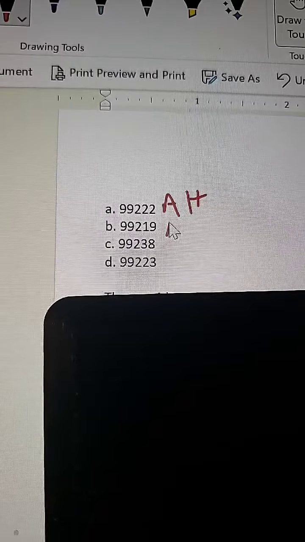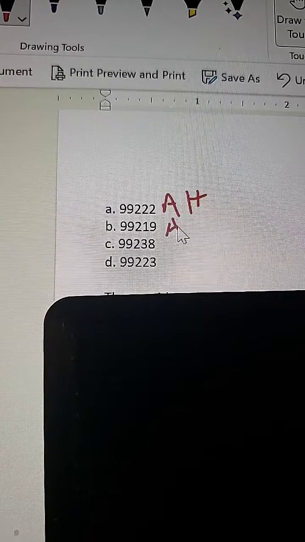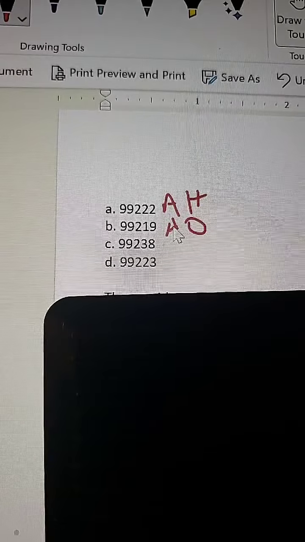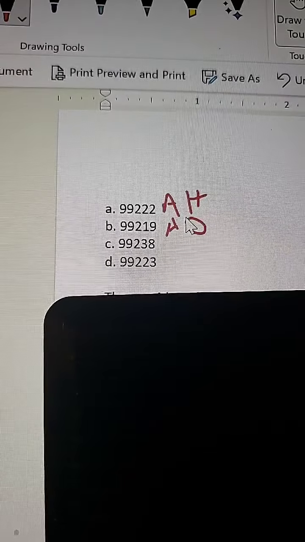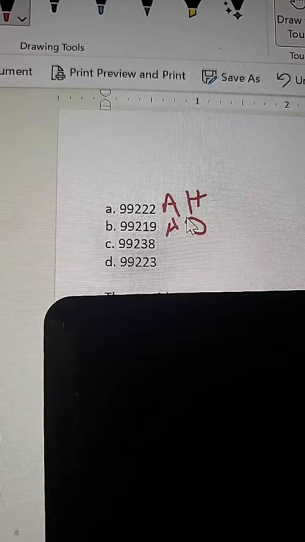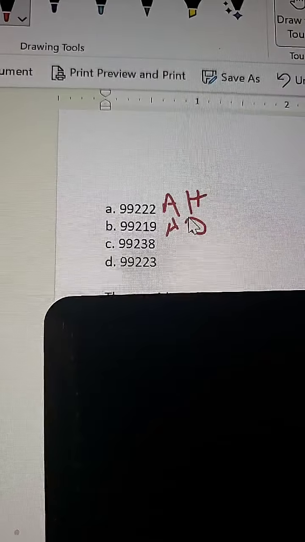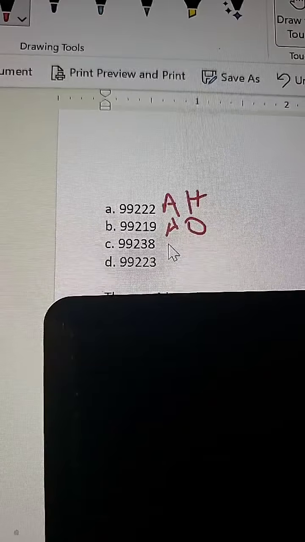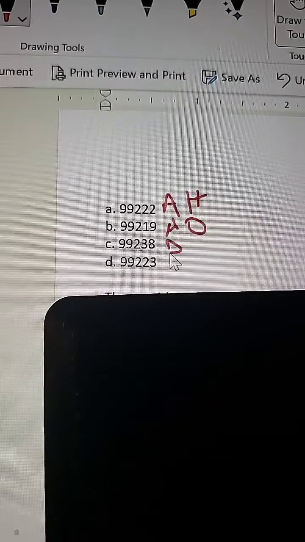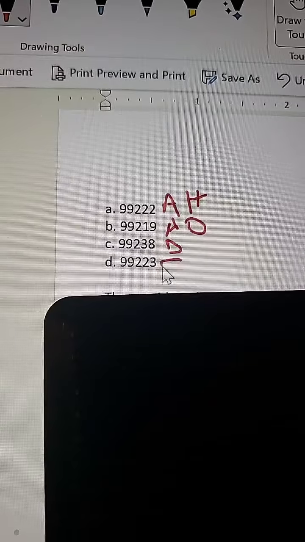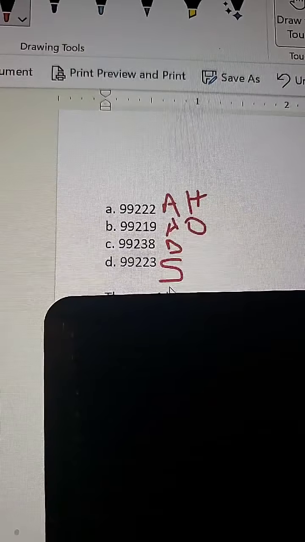So admit observation. Ooh, if y'all could read my chicken scratch. 238 is discharge from the hospital. And 223 is subsequent. Here we go.